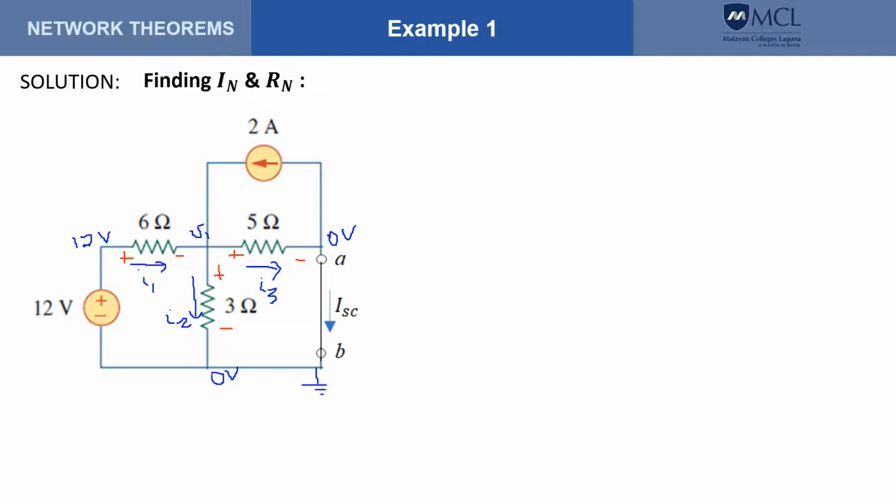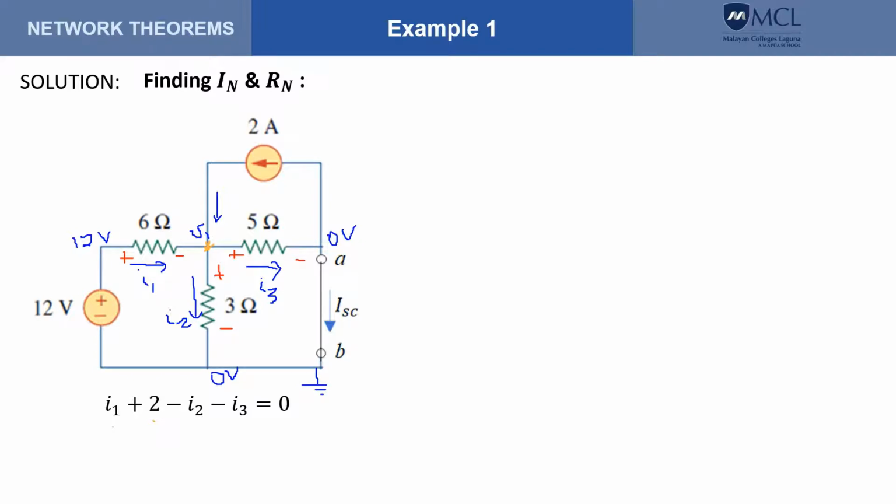Let's apply KCL on this node here. The KCL there would be current entering is I sub 1 plus, take note, 2 amperes is also entering this node, then minus the current leaving.